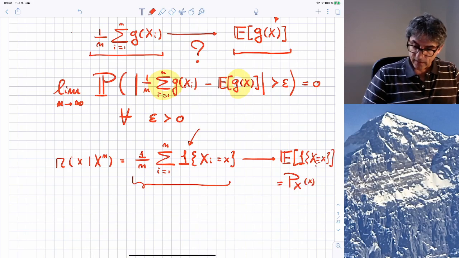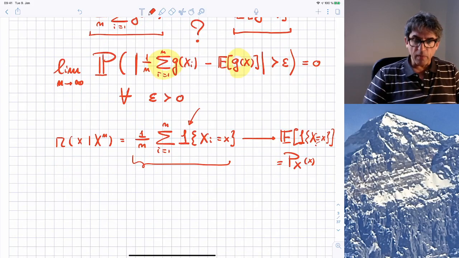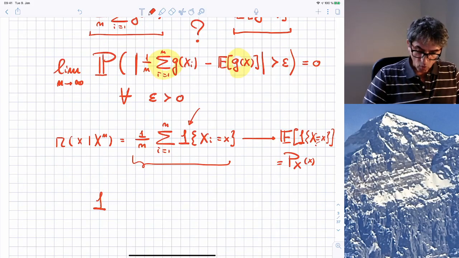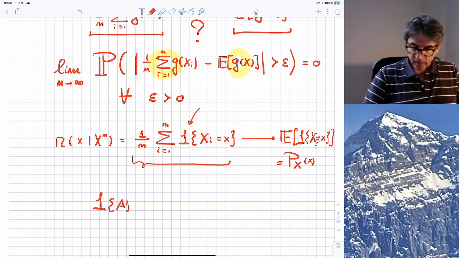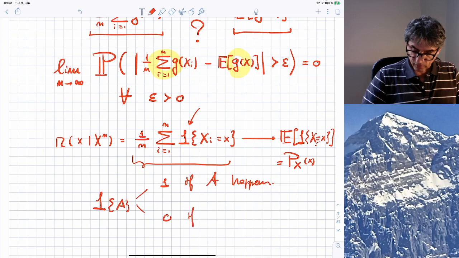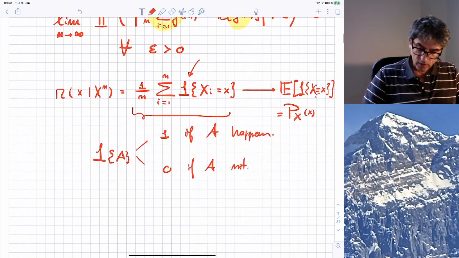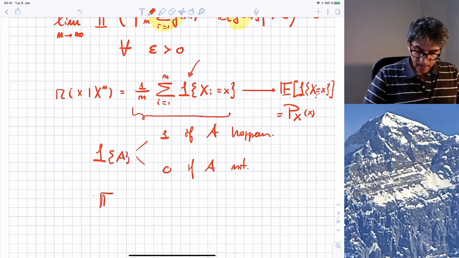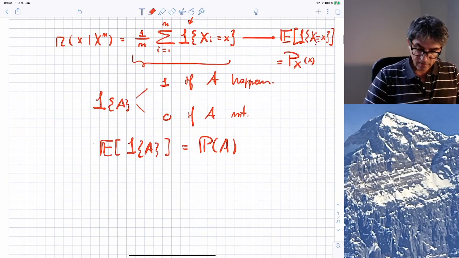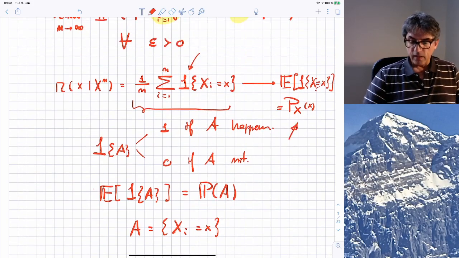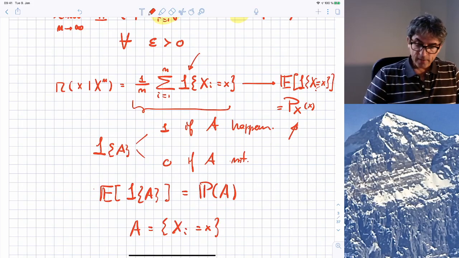This is a general result: if I have an indicator function 1 of event A, where A is an event in a probability space, this is a binary random variable which is equal to 1 if A happens, 0 if A does not happen. Then the expectation of the indicator function of A is simply the probability of A. Now here the event A is, in our case, the event that X_i is equal to small x, and since those are identically distributed, these probabilities are all the same, independent of i, simply the probability mass function calculated at the symbol x.